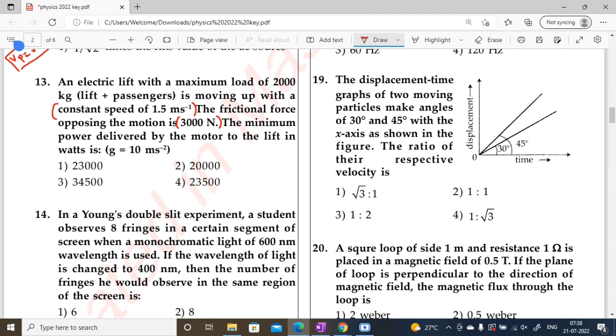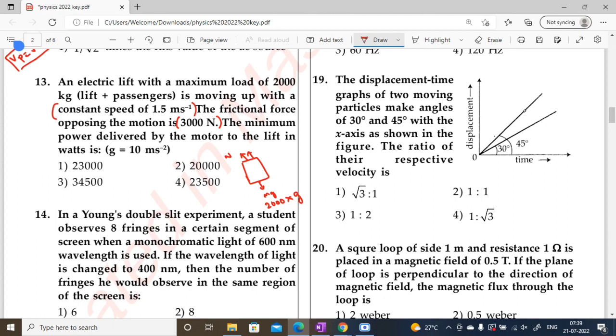If this is the lift, the force which is acting in the upward direction will be clearly the force due to the weight, because if the downward force is mg, the same normal force will be acting upwards. Here the entire lift has the weight of 2000 kgs multiplied with acceleration due to gravity g, right? So 2000 into g will be acting downwards. The same amount of force will be acting upwards, which is nothing but the normal reaction, and the frictional force will also be acting in the same direction.